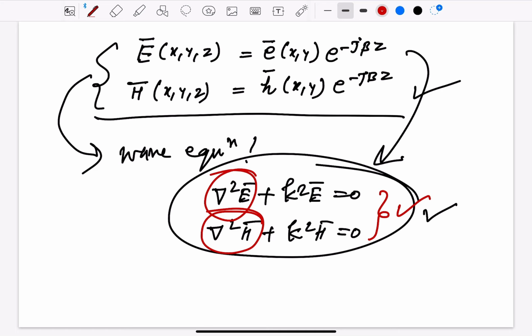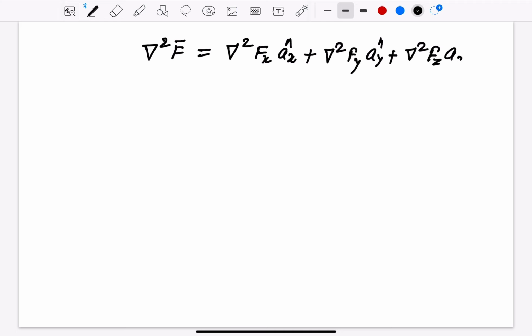So what I am going to do here, in the rectangular coordinate system, is introduce another variable, let's say F. Instead of writing H and E again and again, let us make a vector F, solve for it, and then replace F in place of H and E. So we can write del square Fx ax cap plus del square Fy ay plus del square Fz az.